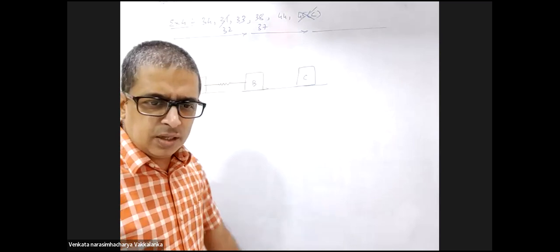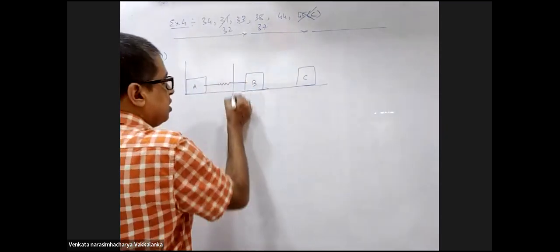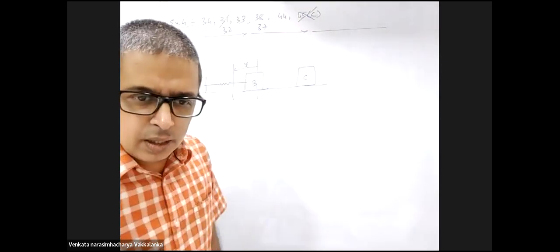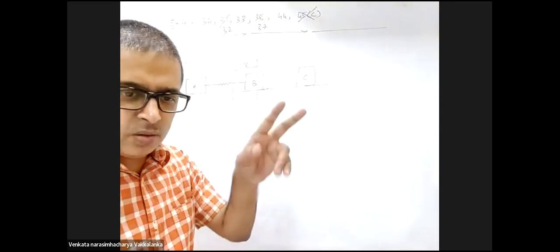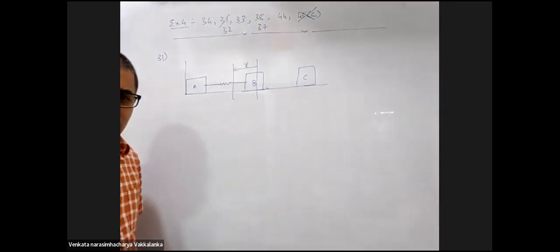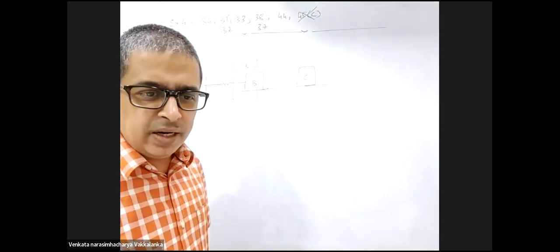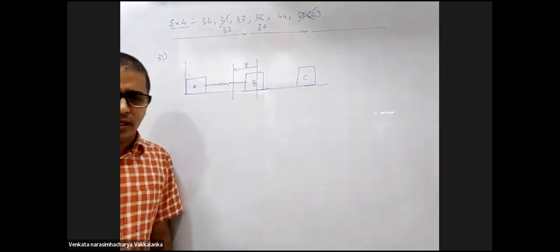Block A touches the rigid wall. Block B is shifted towards the wall by a distance of x and released, so that the system moves towards the right. When the separation between the blocks A and B is maximum, block A makes a head-on collision with an identical block C. Find the minimum distance between A and B after collision.